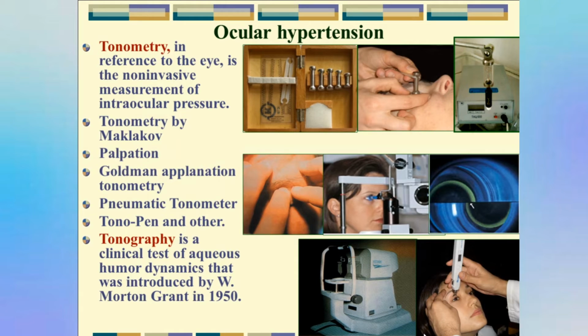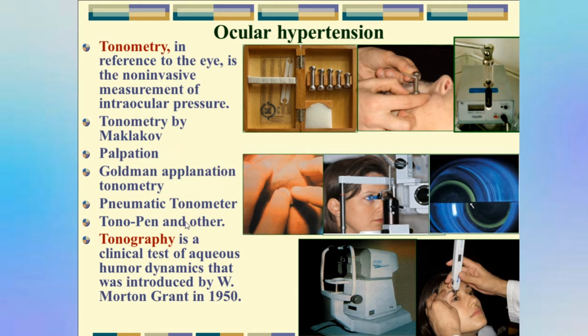There are a lot of devices which can help us to measure intraocular pressure. Nowadays, we use tonometry by Maklakov. When we have nothing else, we palpate the eye and estimate how hard it is. In European countries, the Goldmann tonometer is very often used. And nowadays we use pneumatonometers rather often, as those who have attended our practical classes have had the opportunity to see.